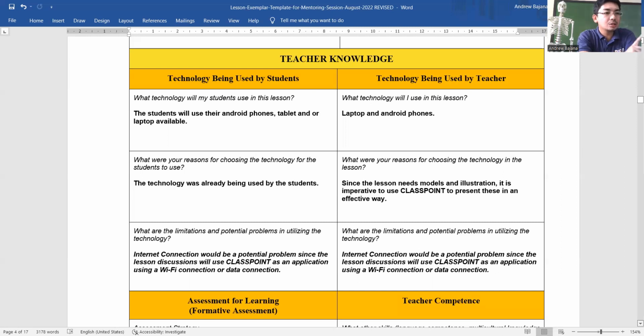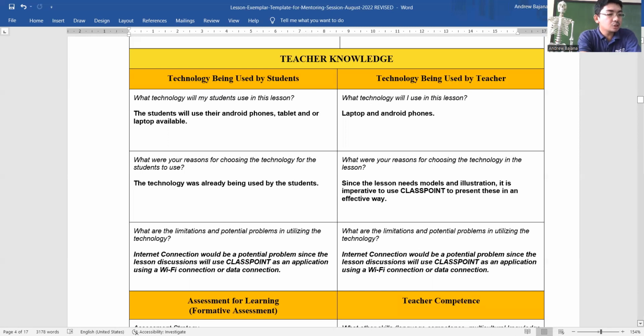And I use PowerPoint and add-in applications in PowerPoint to make the lesson more interactive and engaging.